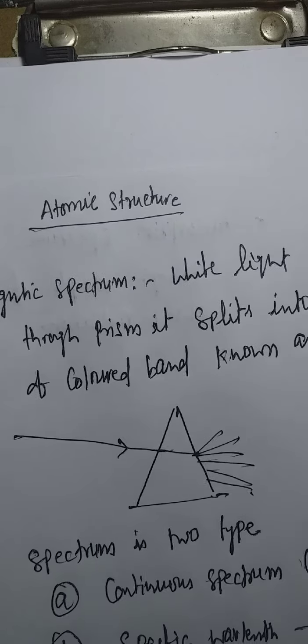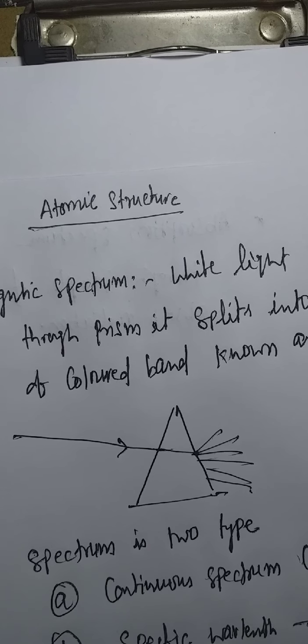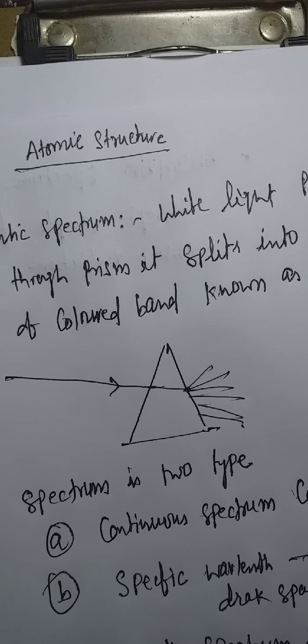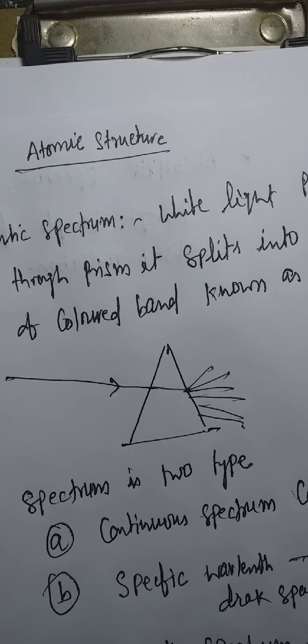This is our idea about the electromagnetic spectrum. Whenever white light passes through a prism, it gives a band of light. This is known as a spectrum. Spectra are of two types: continuous spectrum, which has all wavelengths, and line spectrum, with a specific wavelength, dark between bright lines.